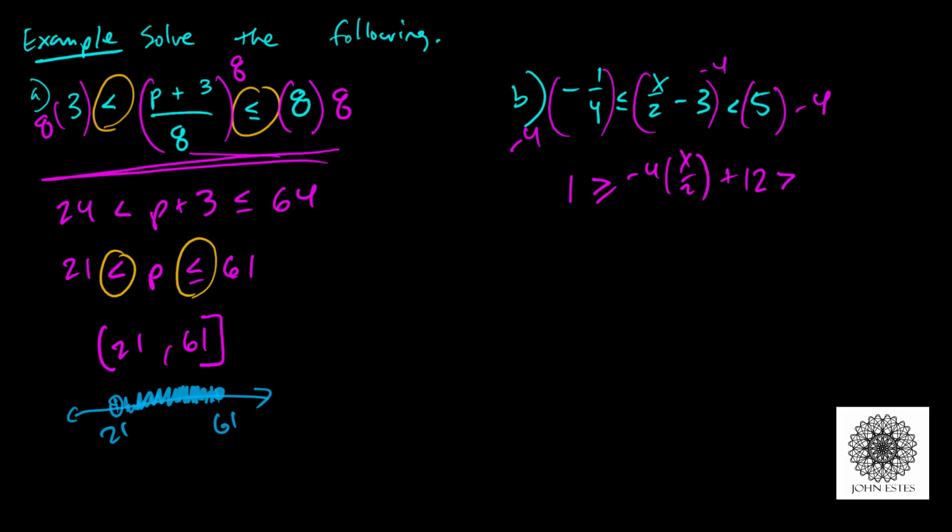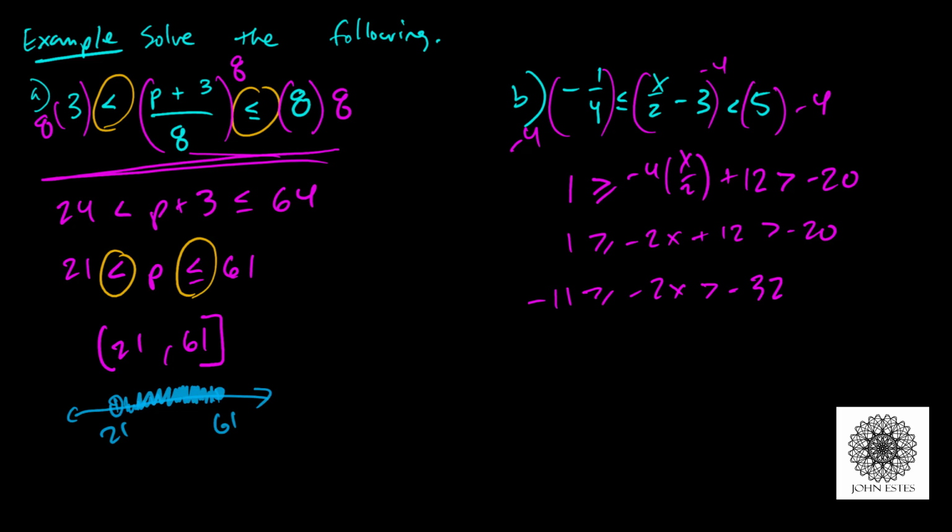Flip my sign again, and then 5 times negative 4 is negative 20. So here I have 1 is greater than or equal to, what does this become? Negative 2x plus 12, greater than negative 20. Now I need to get the 12 out of there, so subtract 12 from everything. So negative 11 is greater than or equal to negative 2x, greater than negative 32.